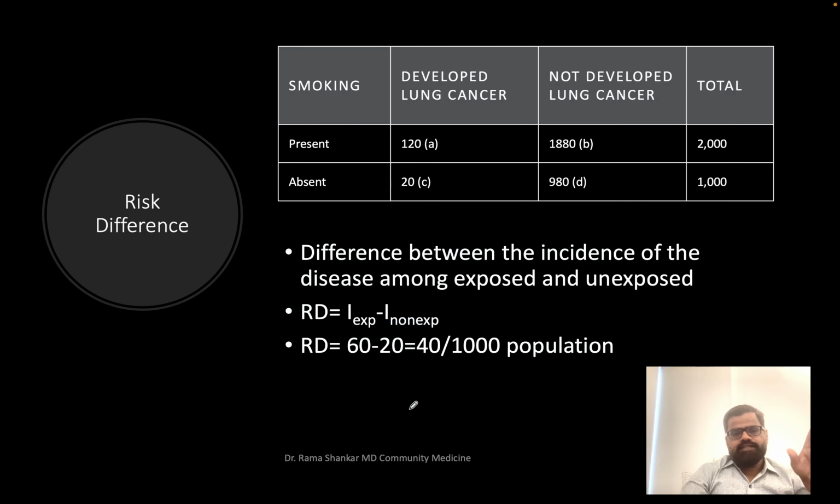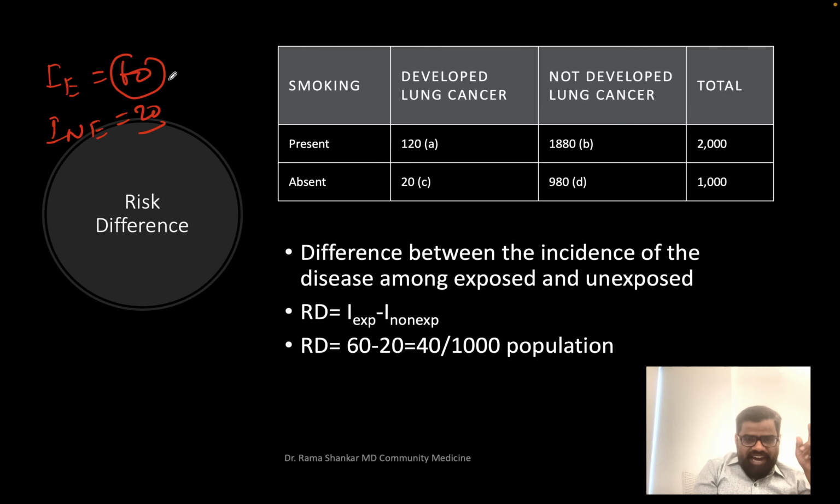Okay. Now, as I said, incidence in exposed is 60, incidence in non-exposed is 20. So these people are asking these people, why did you develop lung cancer? That means, as I said, there are some other factors also.